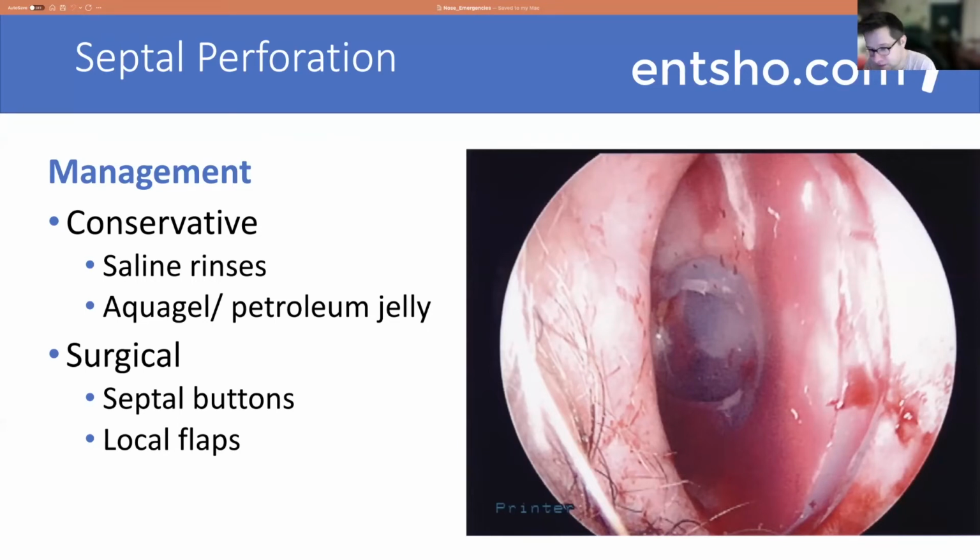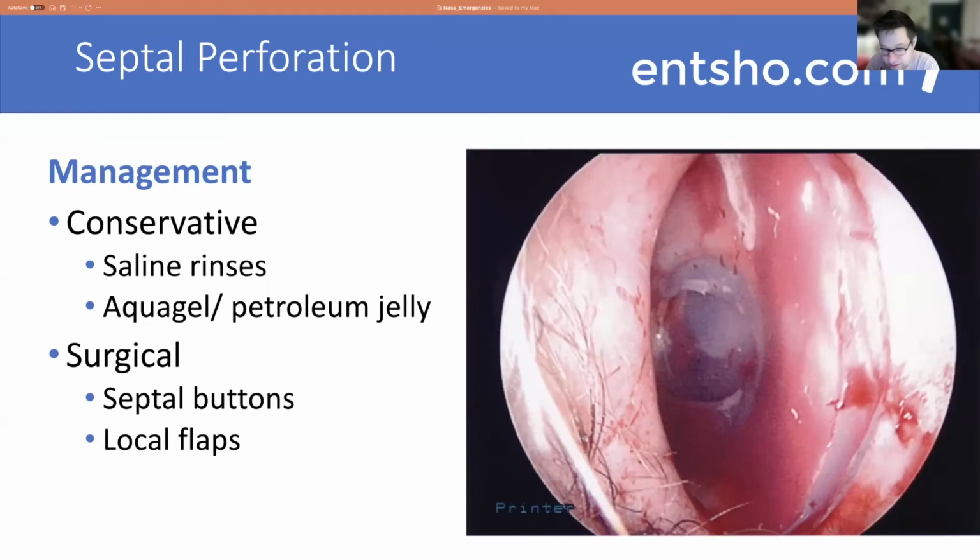Other approaches, what you can see in the picture here is what's known as a septal button. It's a synthetic material which comes as two large circles joined in the middle, and you cut them to the size of the perforation and fit them in place. They simply stop the air from passing from side to side, so they protect the mucosa, stop it drying out, stop the bleeding, and stop the crusting.